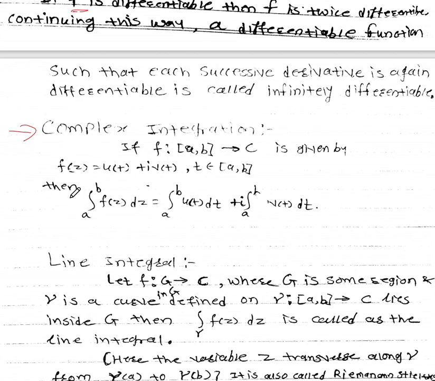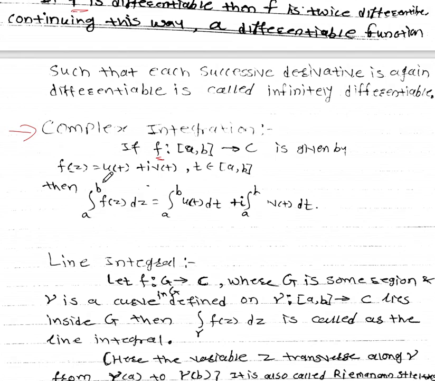So what we have done here is that we have taken f(z) as any function in the complex plane C, on the closed interval [a, b], and that function is given by f(z) = u(t) + i v(t), or we can say gamma of t, where t lies in the closed interval [a, b]. Then we take the integration on both sides over the interval a to b.